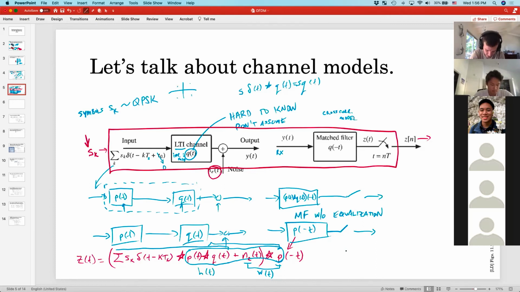So to be clear here, H of t is P, the original pulse shaping, star Q, the channel effects, star P reversed. That's our matched filter. And this represents what our symbols go through. Yeah, they're added to noise, but this is what we're intentionally doing to the symbols.